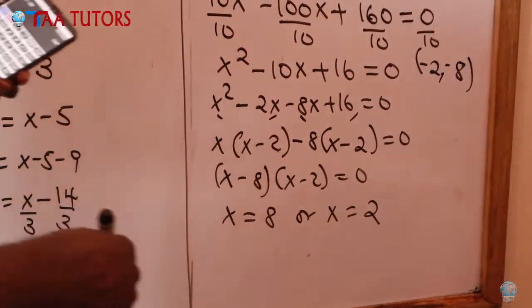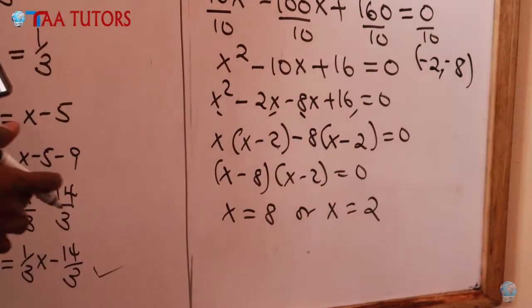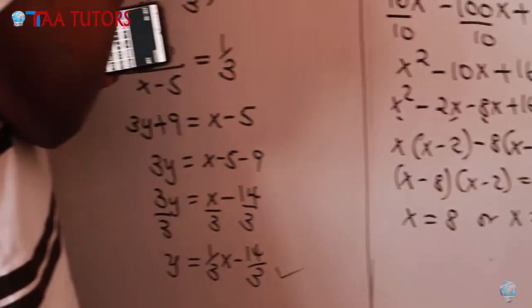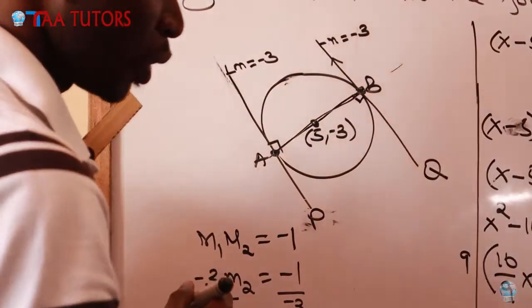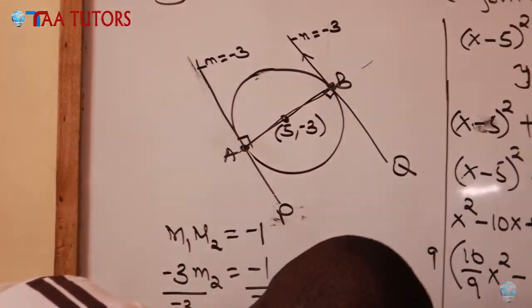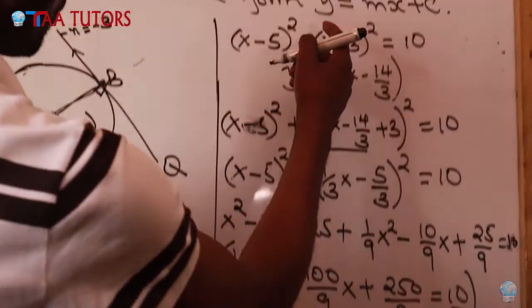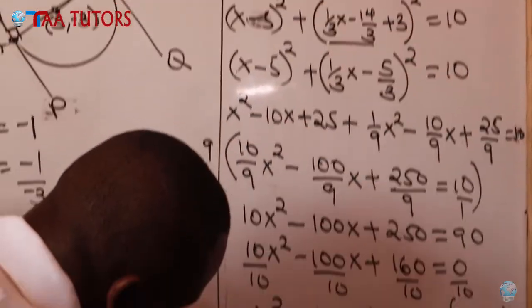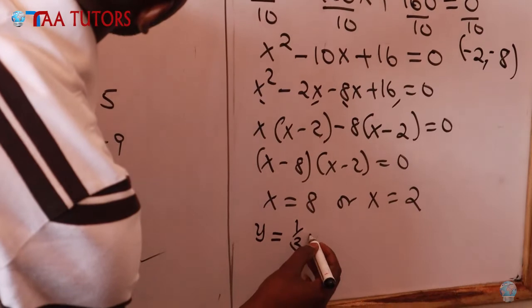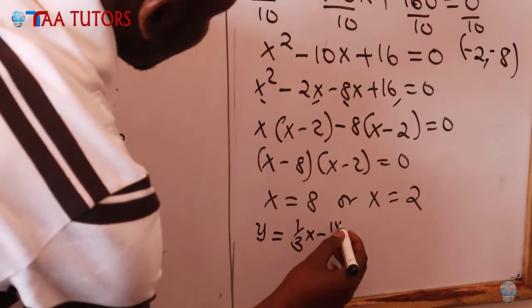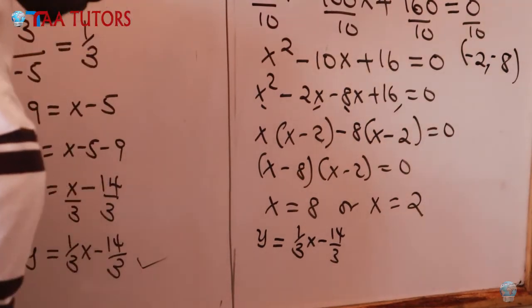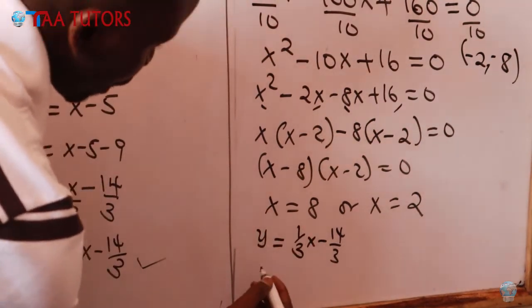We have found the values of x. The next thing, we have to get the values of y so that we can determine the full coordinates of these points. The coordinate y, we have said equals a third x minus 14/3. So what we are supposed to do here is to substitute 8 for x.